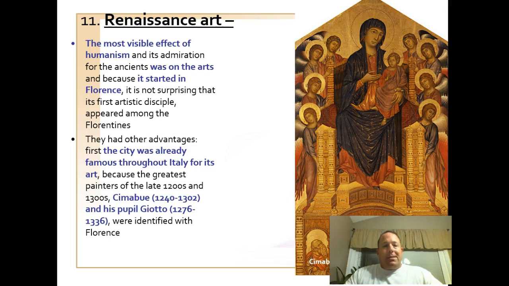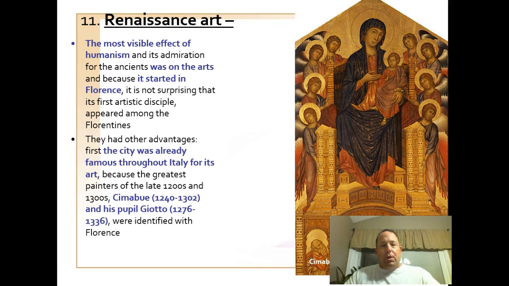Picking up here on slide number 11 of our PowerPoint. One of the things I mentioned earlier that we need to make sure we're aware of is that the Renaissance begins in Florence, Italy.